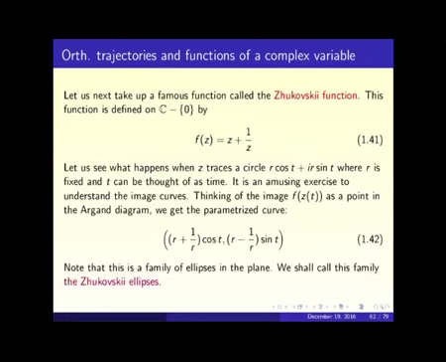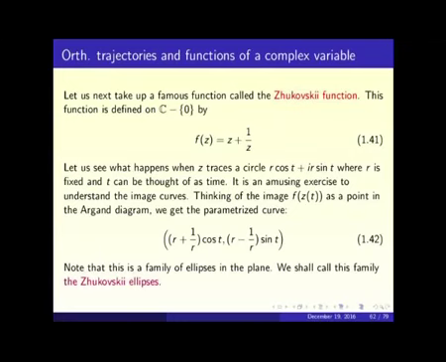So what is f of z? If z is r cos t plus i r sin t, then f of z is r cos t plus i r sin t plus 1 upon r cos t plus i r sin t. You have to, of course, use the complex conjugate of the denominator and rewrite the thing, and you will get (r plus 1 upon r) cos t, comma (r minus 1 upon r) sin t.